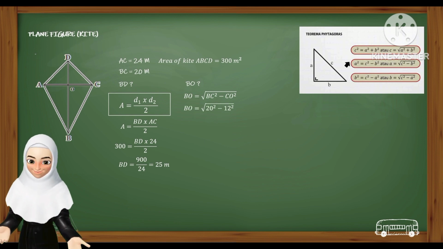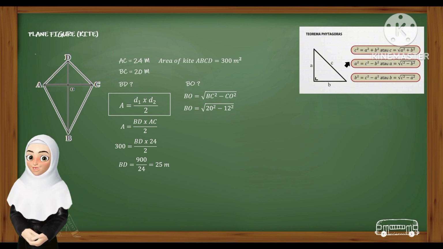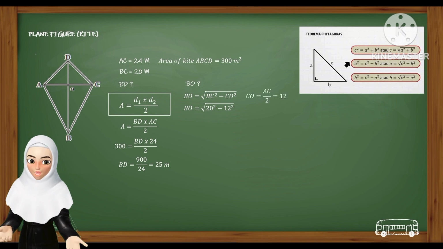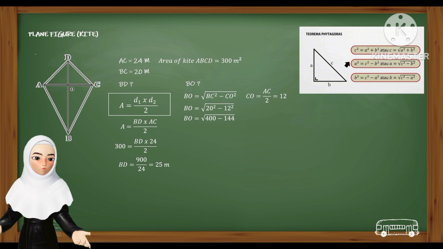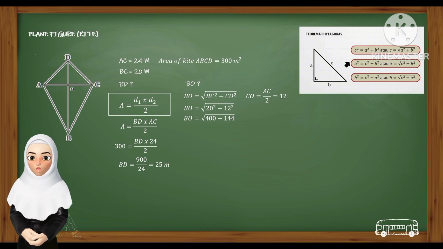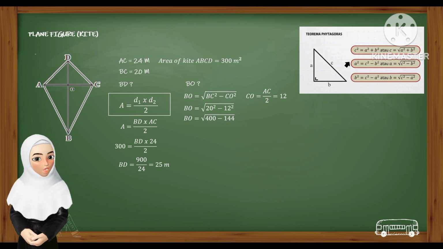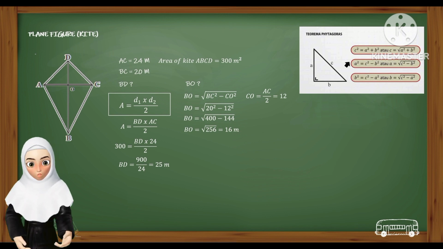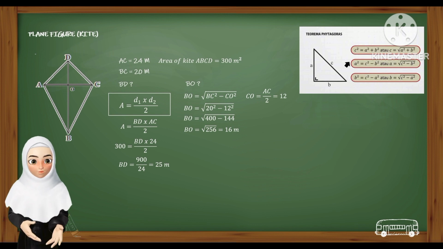The length of side BC is 20 meters, and the length of side CO is half the length of side AC, which is equal to 12. So, the length of side BO is equal to the square root of 400 minus 144, which is equal to the square root of 256. So, we've got the length of side BO at 16 meters.